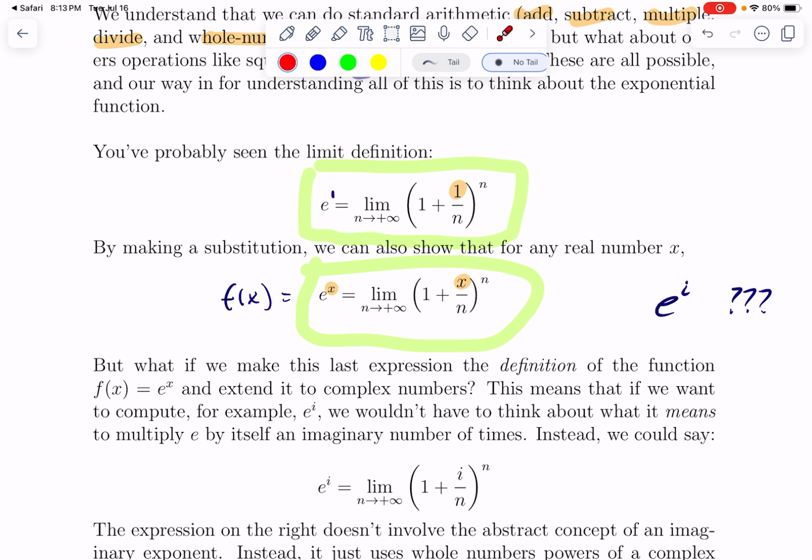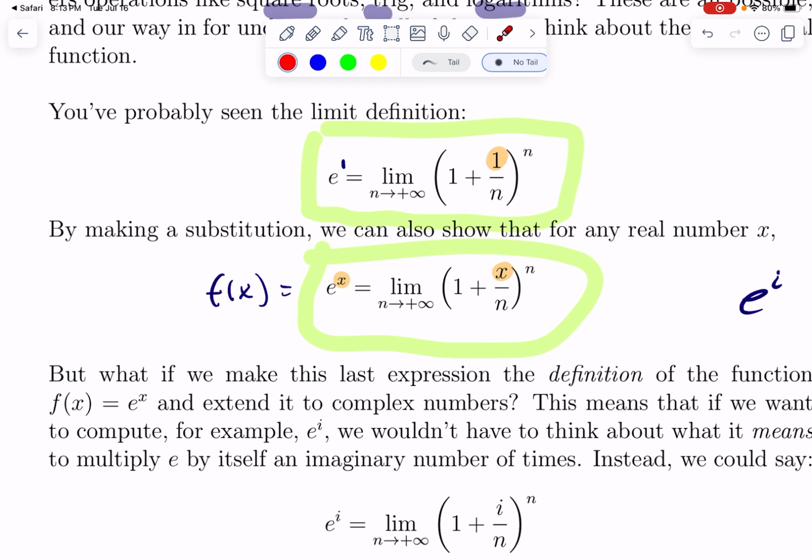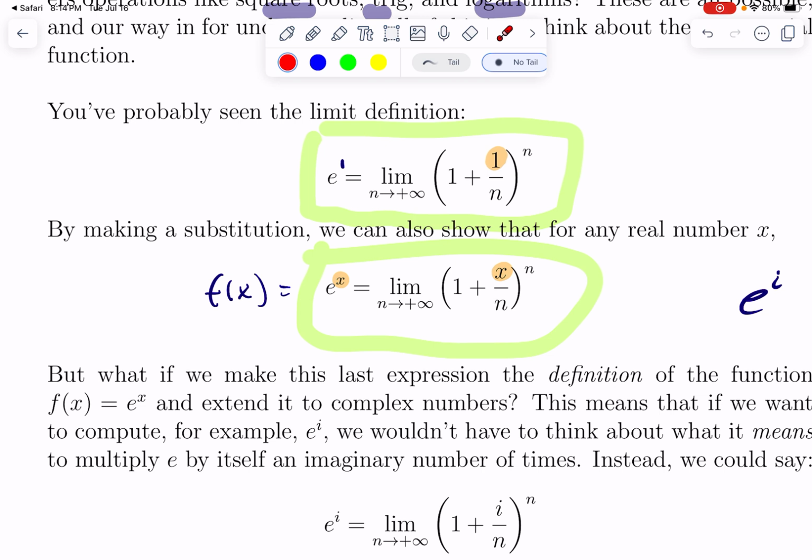So what we'll do is we'll say, I know that this formula here is true for any real number x. So let's just assume it's also true for any complex number. What does it mean to raise e to a power? Let's call this the definition.